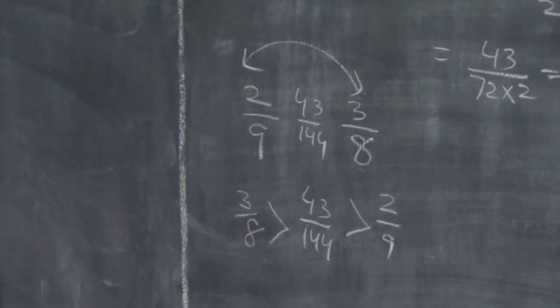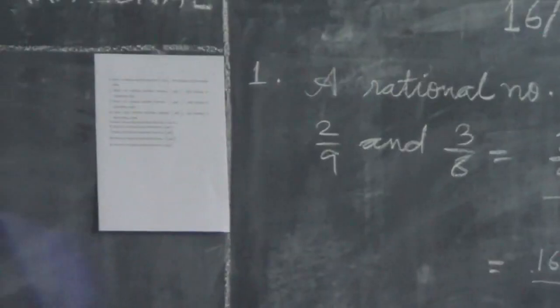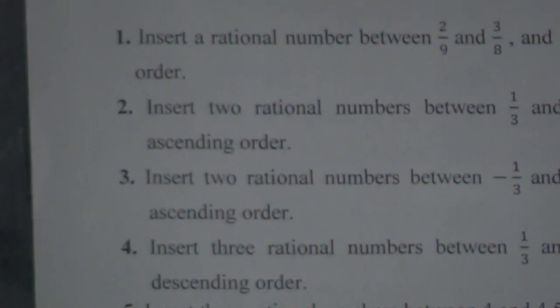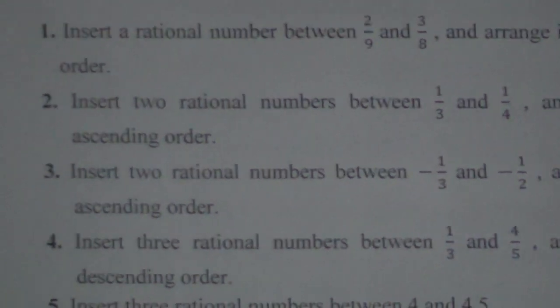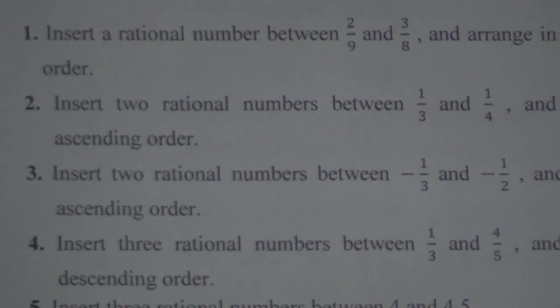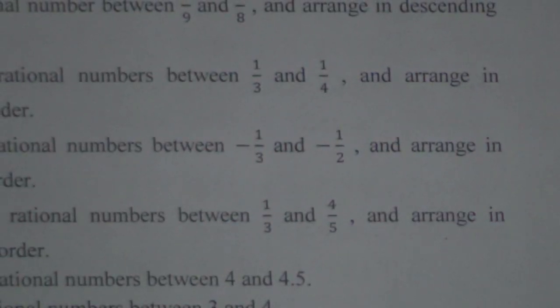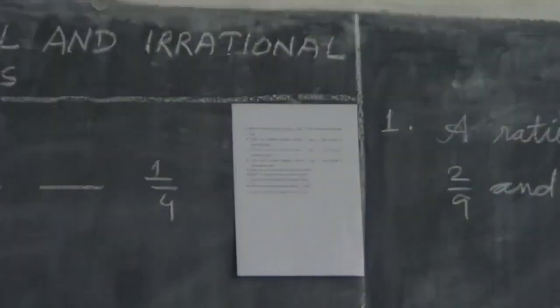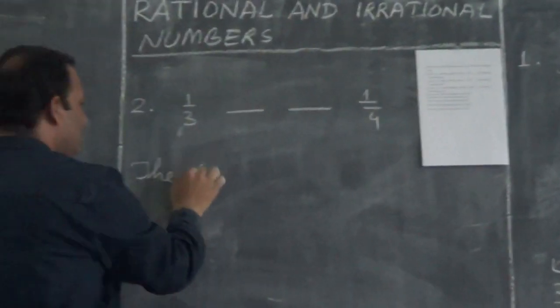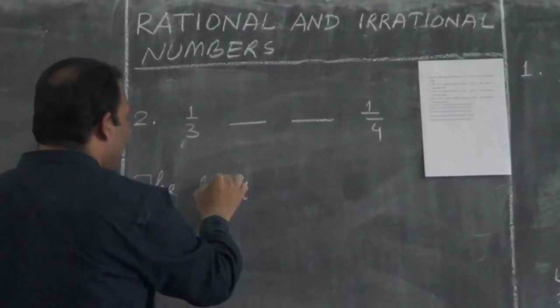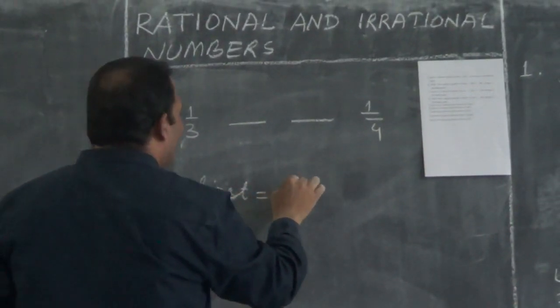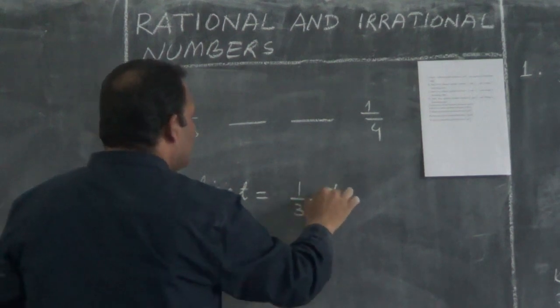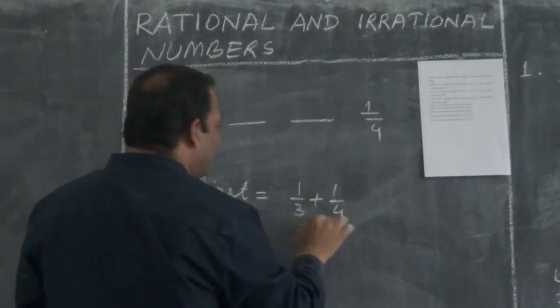Question number 2. Insert two rational numbers between 1 by 3 and 1 by 4. I will write 1 by 3 and 1 by 4, and as I had told you, I will put two blanks. The first number equals 1 by 3 plus 1 by 4 by 2.